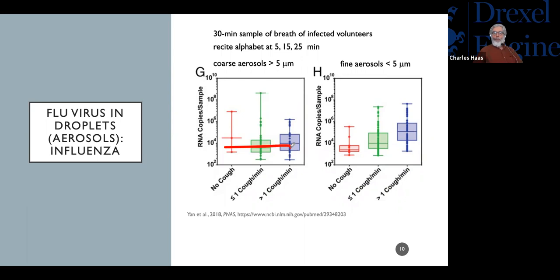For fine aerosols, depending upon the cough status, there was a greater frequency of generation of fine aerosol RNA copies as coughing frequency increased. So with no cough, it's roughly the same in coarse and fine particles, but as coughing increases, a greater fraction of RNA copies is within the fine aerosol fraction.